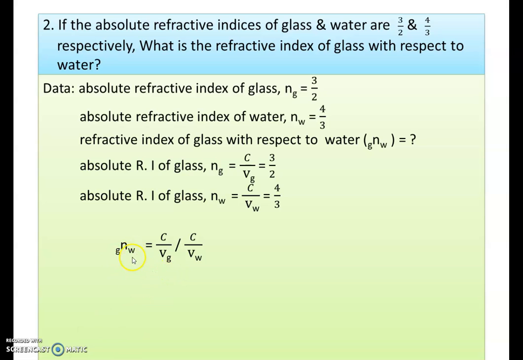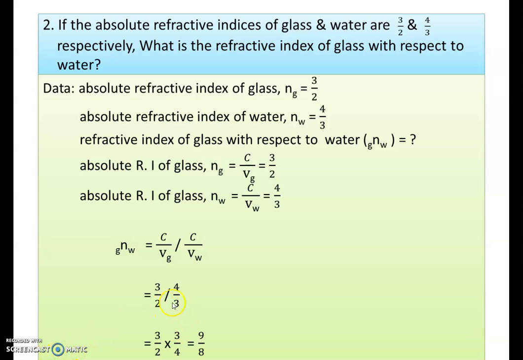To find out the refractive index of glass with respect to water, we have a formula: absolute refractive index of glass divided by absolute refractive index of water. So the formula is c upon Vg divided by c upon Vw.